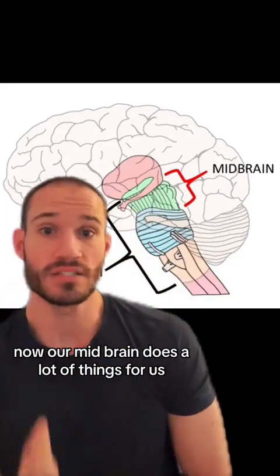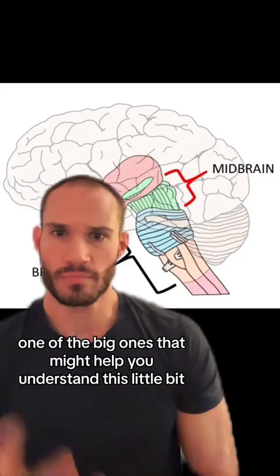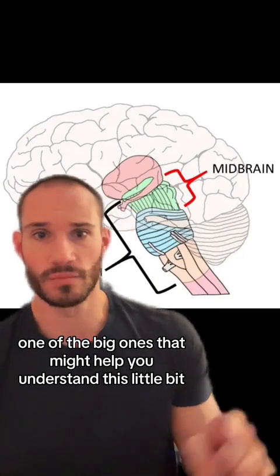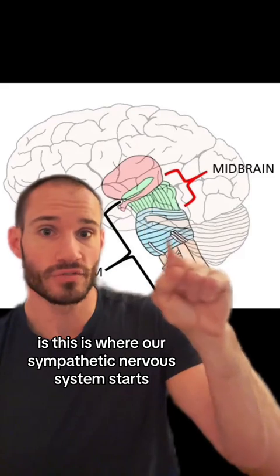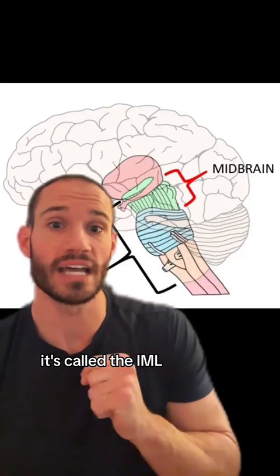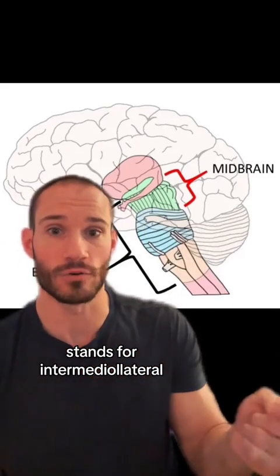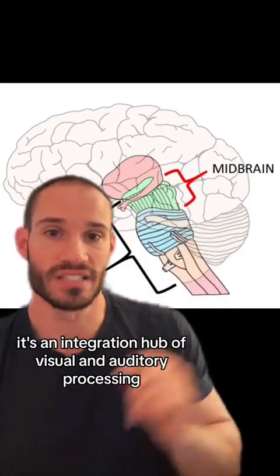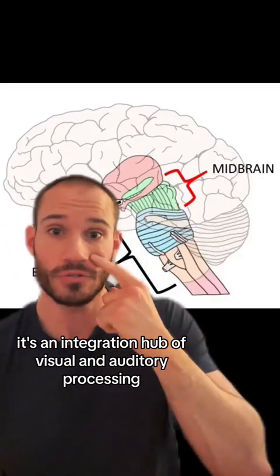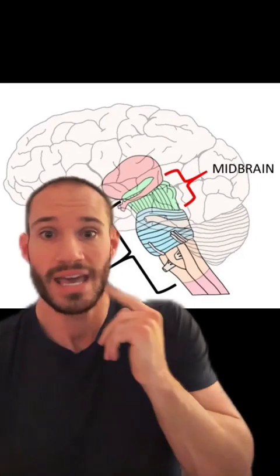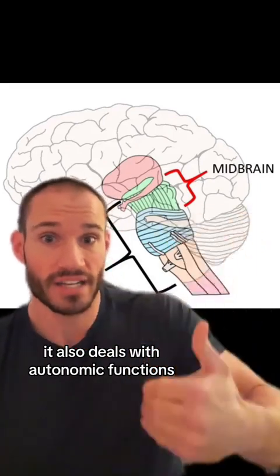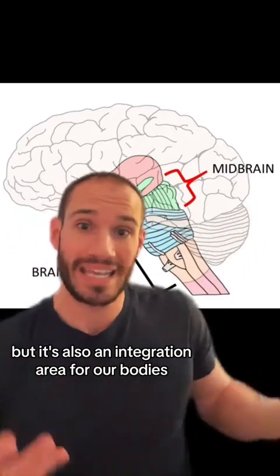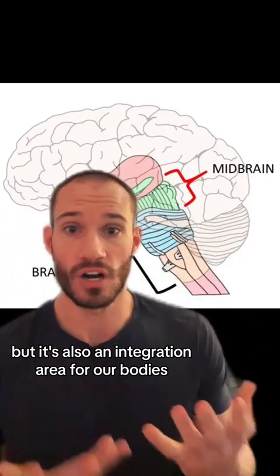Our midbrain does a lot of things for us. One of the big ones that might help you understand this is that this is where our sympathetic nervous system starts. It's called the IML, which stands for intermediolateral. In this area, it's an integration hub of visual and auditory processing. It also deals with autonomic functions, and it's an integration area for our bodies.